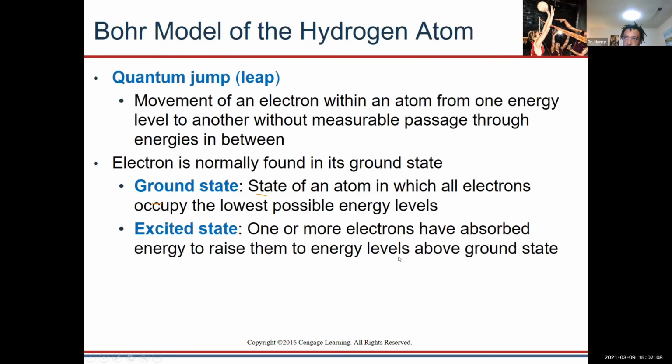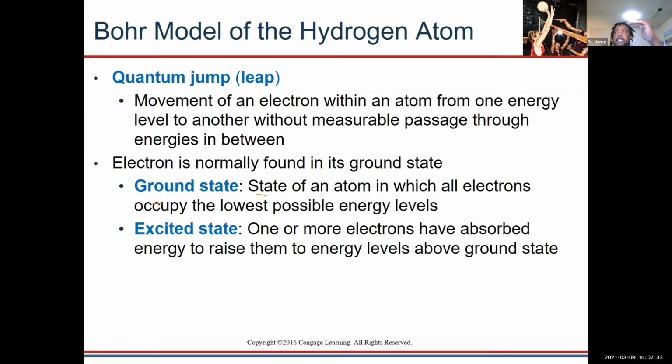Okay. So quantum jump or leap is just that leap to that energy level. Now, they've never been able to see a measurable passage to that energy level. It just shoots up there, right? It just shoots up to that level without going through the next step.